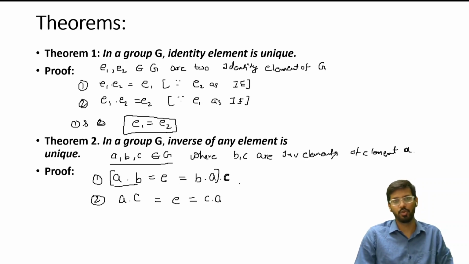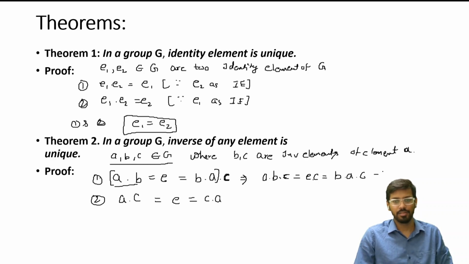AB dot C should also belong to same group G. Okay, so after multiplication, we will get A dot B dot C should be equal to E dot C should be equal to B dot A dot C.